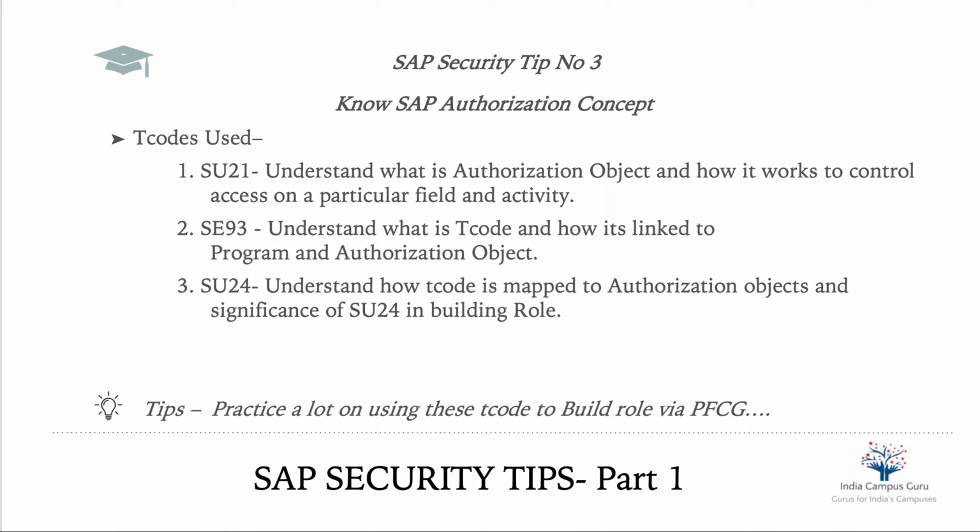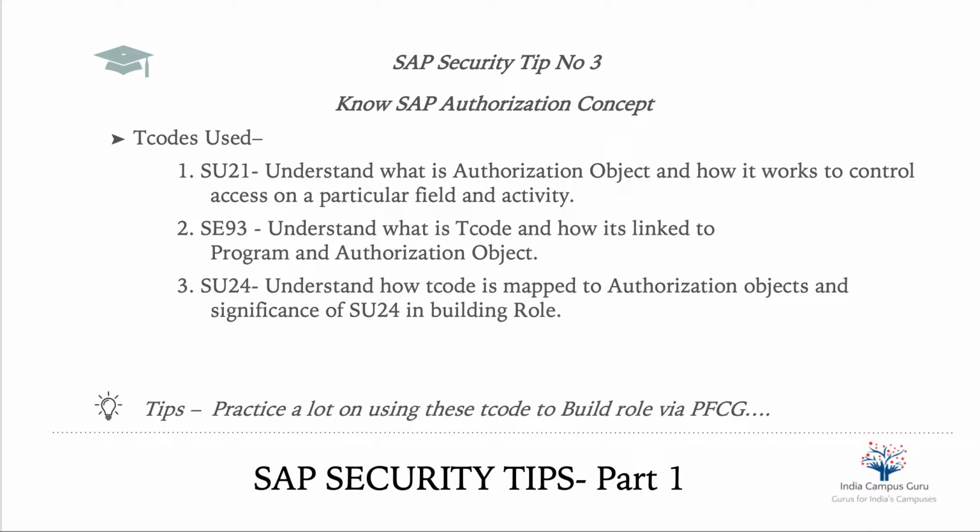Okay. My next tip, number three, would be knowing how a SAP T code is created, how the T code is mapped to an authorization object, and how an authorization object controls access on a particular field.